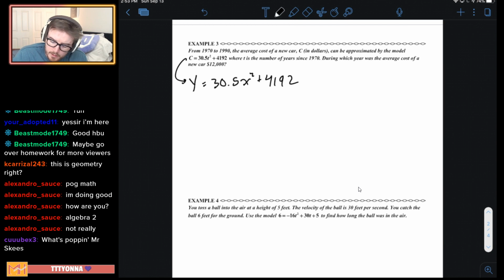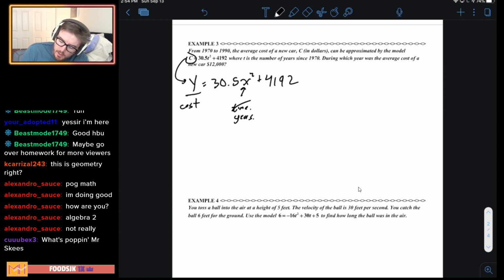So the y-axis is cost. It was a capital C, but now I'm using x and y. And this is time. Okay, the years, I should say. Years since 1970. During which year was the average cost of a new car $12,000?